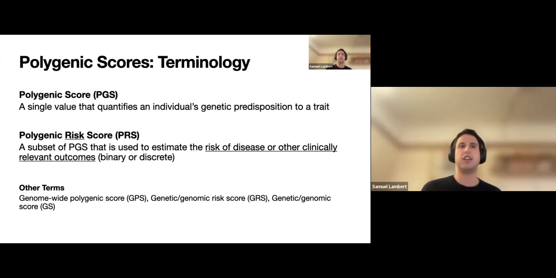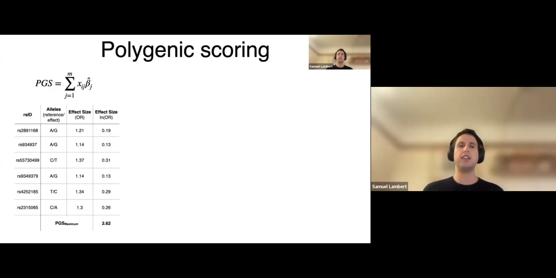So basically, there are lots of different methods out there to select the variants and weights that are used to calculate an individual's predisposition. And once you have those weights, I'll go over the general polygenic scoring approach. I'm going to start with a toy example from some GWAS data. Someone gets a polygenic score, which is the list of variants that are significantly associated with the trait you're trying to predict.